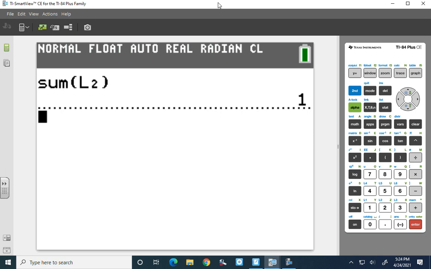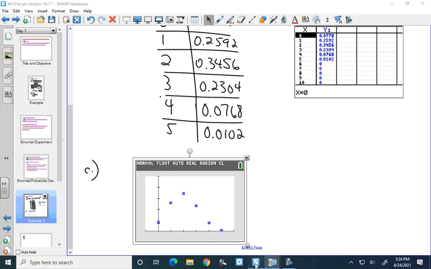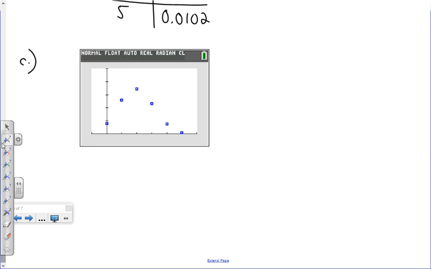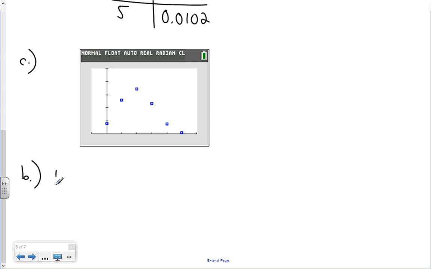Let's go ahead and write that down on our page here. So for part B, to write this down, we have P of 0 plus P of 1 plus P of 2, and so forth.